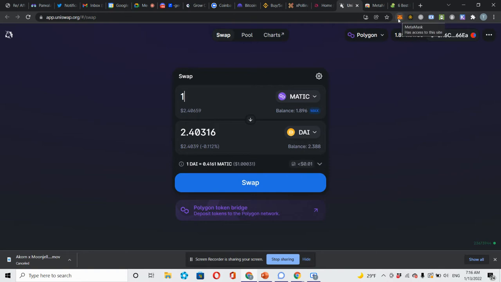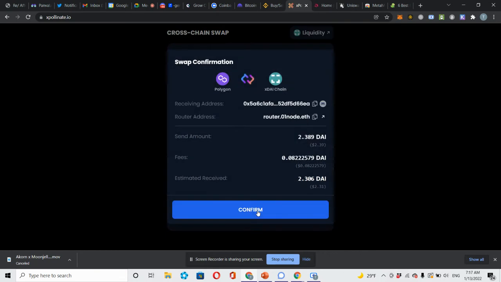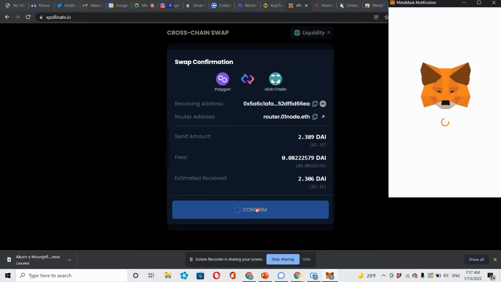And we would send that DAI through a bridge. So we have 2.39 DAI now on Polygon, and we're trying to get it to XDAI chain. So we have already allowed the permissions to use DAI on this bridge, and we're just going to say swap DAI and confirm that this transaction is what we're wanting to do.